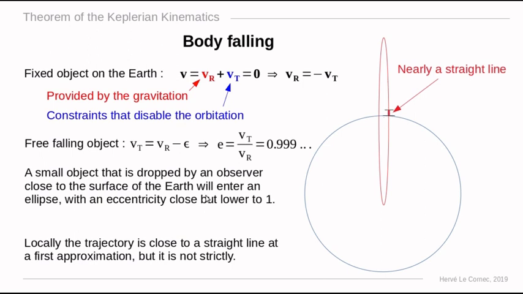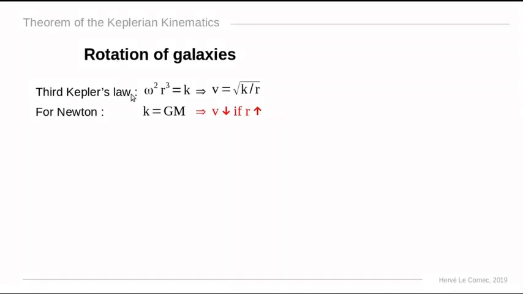Let us now speak about a major consequence of the theorem, concerning the rotation of the galaxies. Considering that the stars are on circular orbits inside the disk of galaxies, the third law of Kepler gives us the expression of the velocity with respect to the distance to the center of the galaxy.